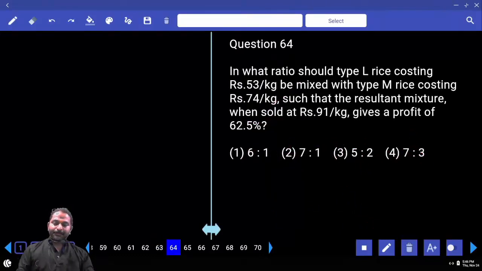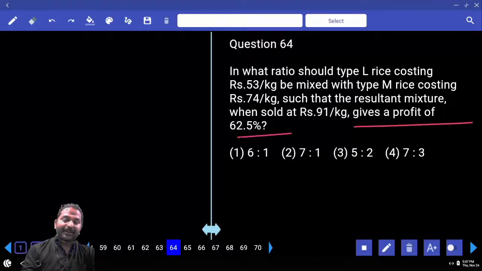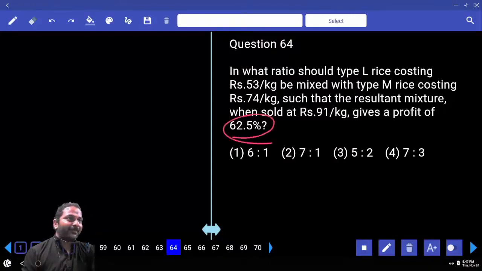In what ratio should type L rice costing 53 be mixed with type M rice costing 74 rupees per kg, such that the resultant mixture when sold at 91 rupees per kg gives a profit of 62.5%. Look at this. Percentage 62.5%, 5 by what is the denominator?